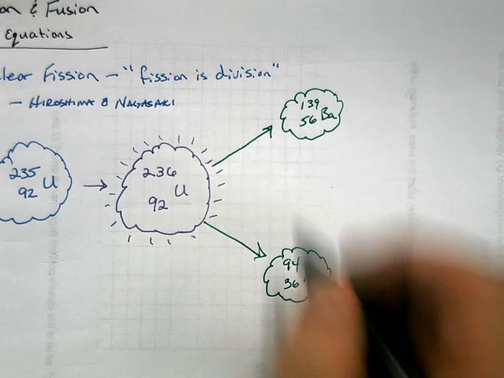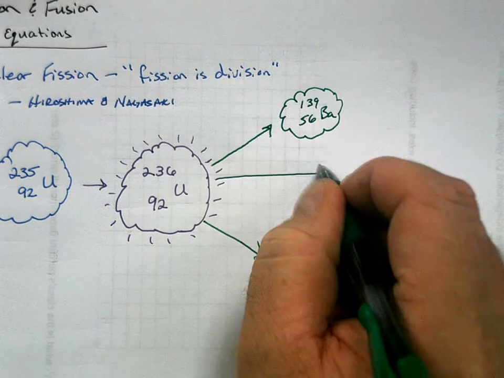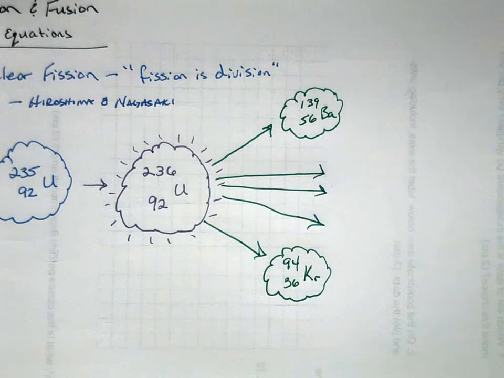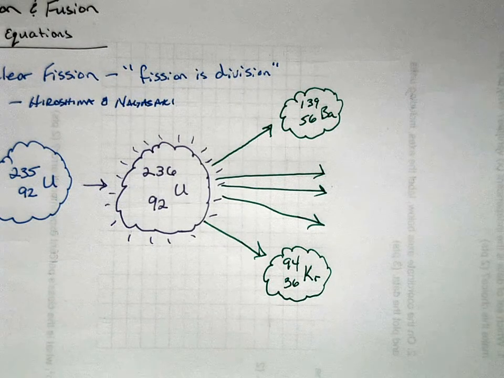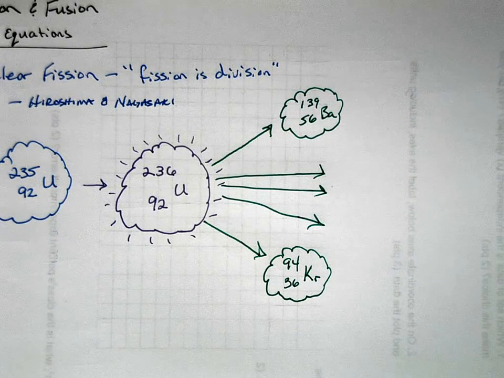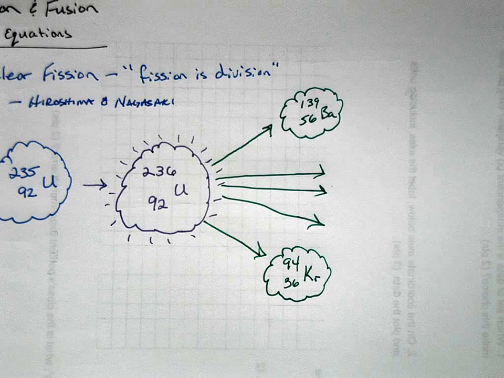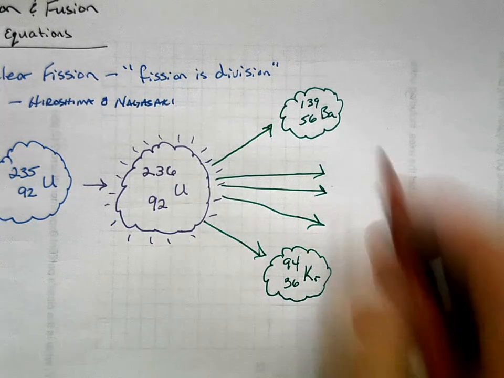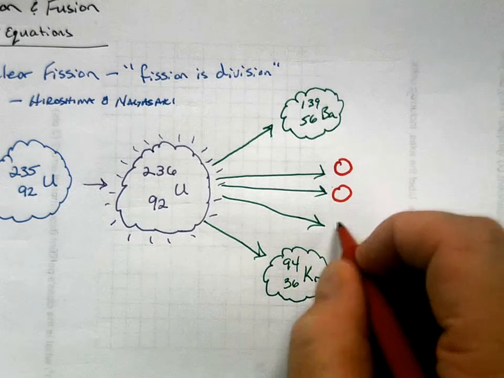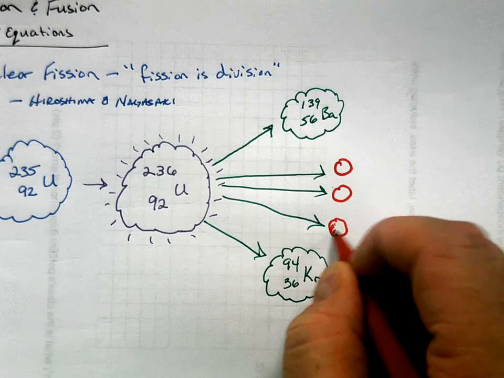Well, lo and behold, those dudes also come shooting out of the nucleus as well. So this is the reproductive process of superneutron. No, I'm kidding, but he does create more superneutrons. Neutrons not drawn to scale.